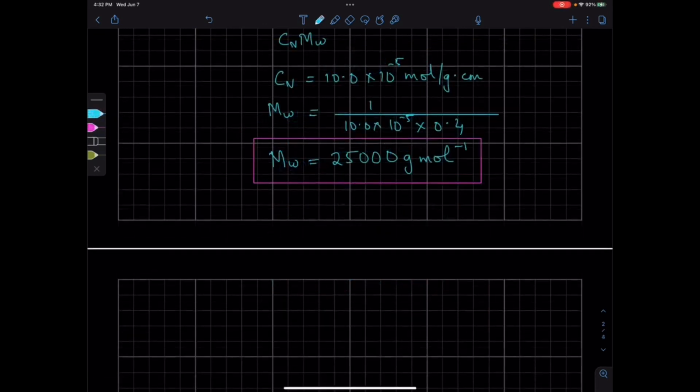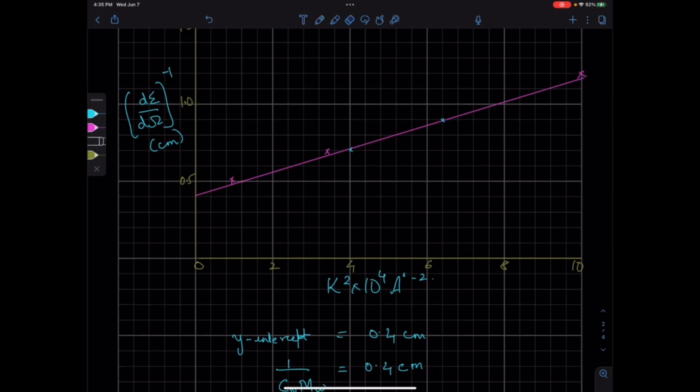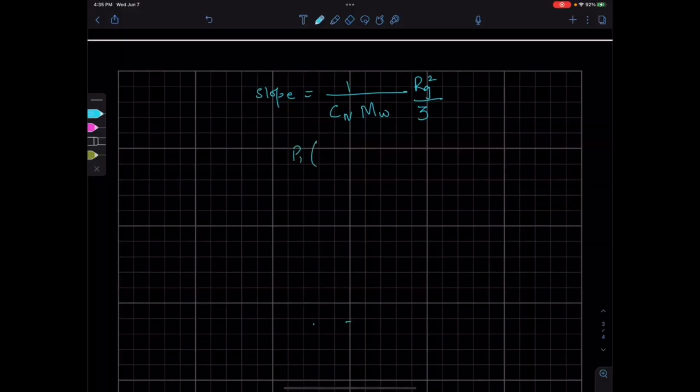Now for the slope, one over Cn Mw Rg squared over 3. Let's select 2 points from the graph. 1.2 times 10 to the -4 and 0.5. 1.2 times 10 to the -4, because the x-axis is k squared times 10 to the 4, so we want to write 1.2 times 10 to the -4, and the y-coordinate is 0.5.